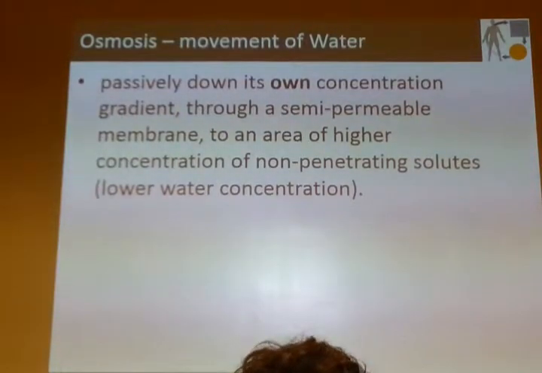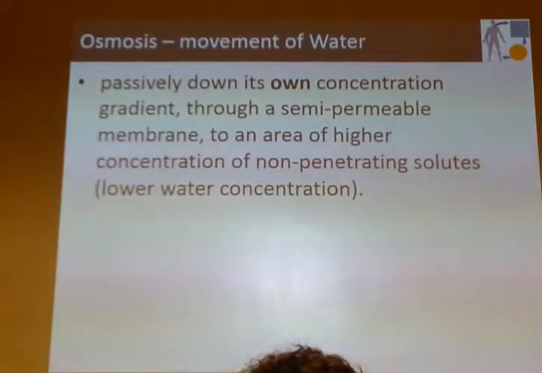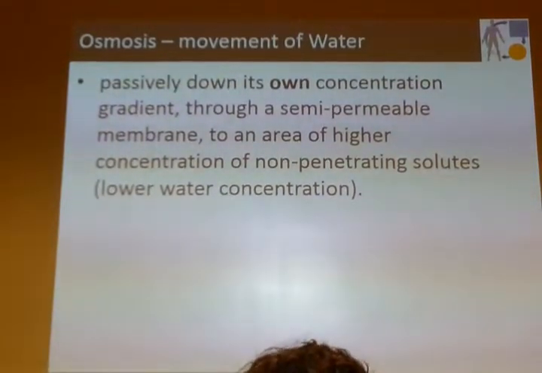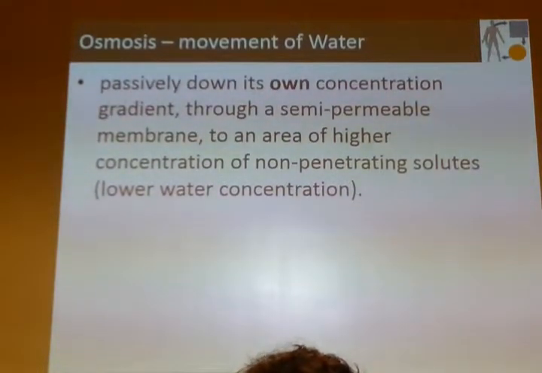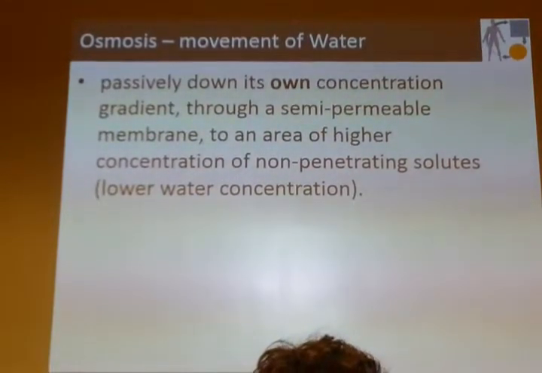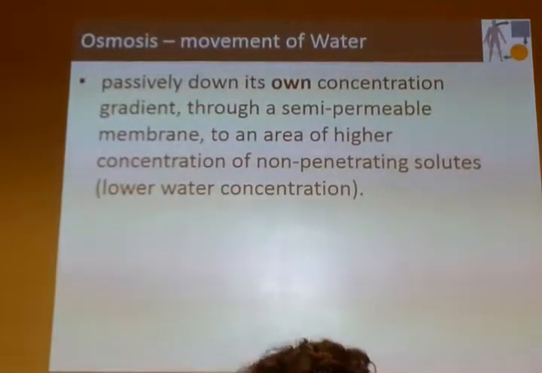Let's make another cell here. The solute concentration in a normal cell is 0.3 molar, 300 milliosmoles. So, a red blood cell put into glucose.